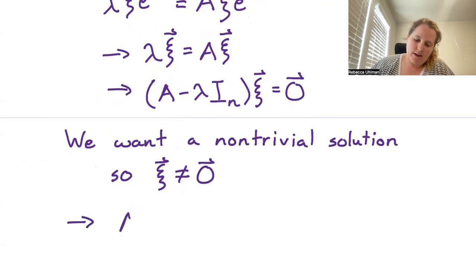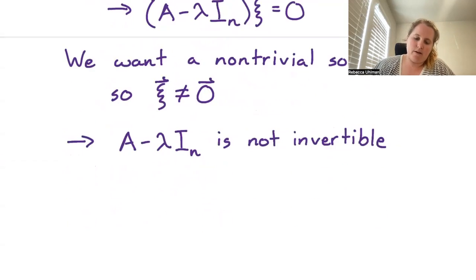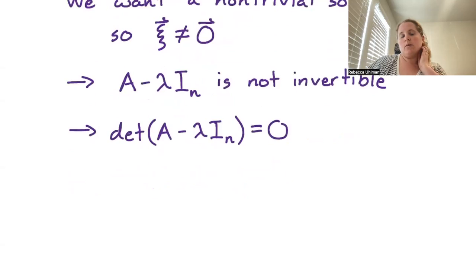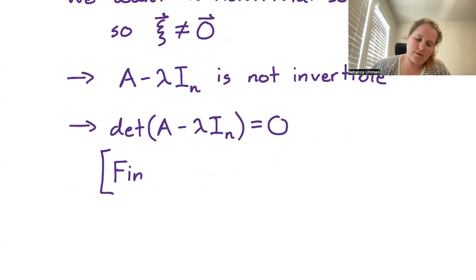So this means that A minus lambda times I_n is not invertible, and so we have that the determinant of A minus lambda I_n must be equal to 0. The values of lambda that make this true are precisely the eigenvalues. So essentially we are finding the eigenvalues.